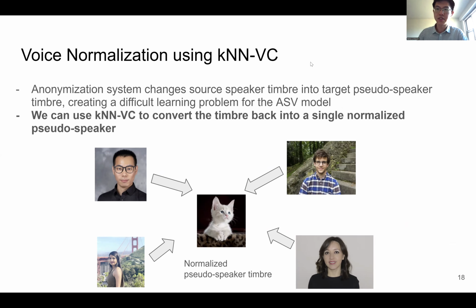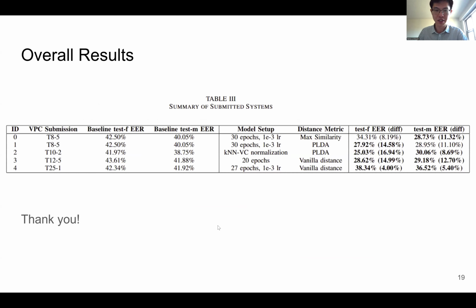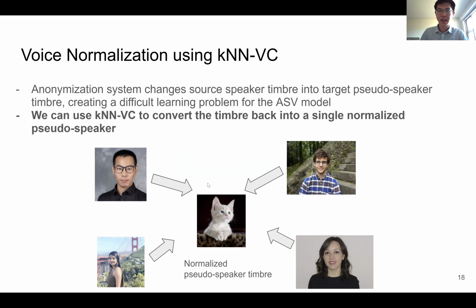So in order to simplify this difficult learning problem for our ASV model, we experimented with voice normalization using kNN-VC. What we essentially do is we find a single proxy speaker, represented by the cat picture in this diagram, and we map every anonymized utterance into the cat speaker.